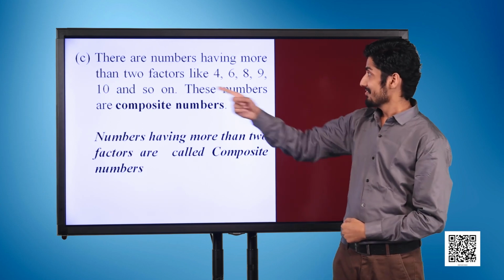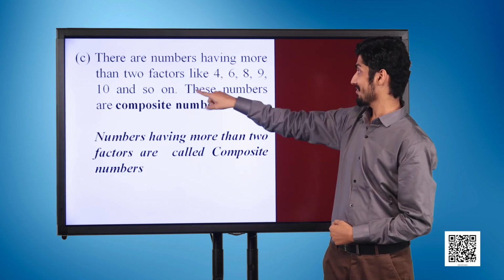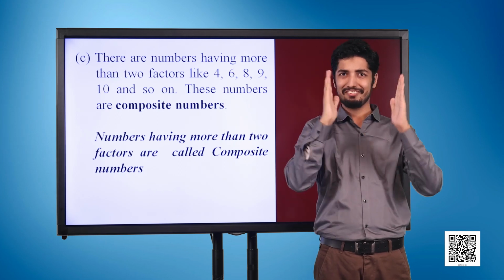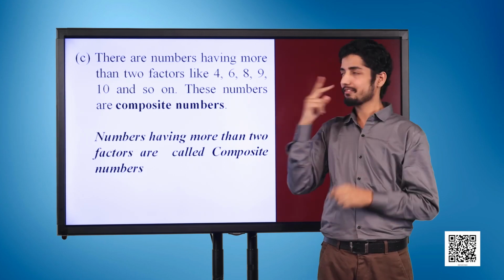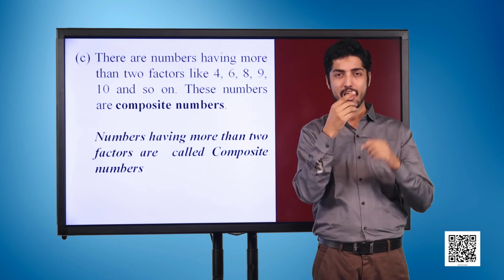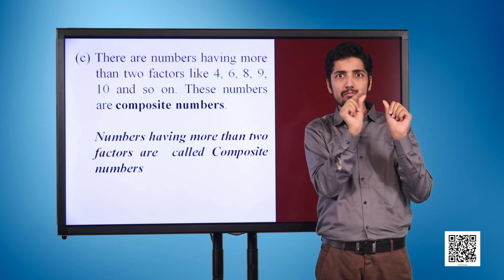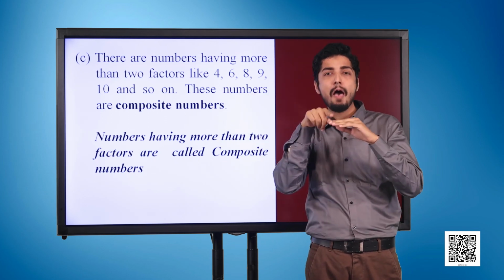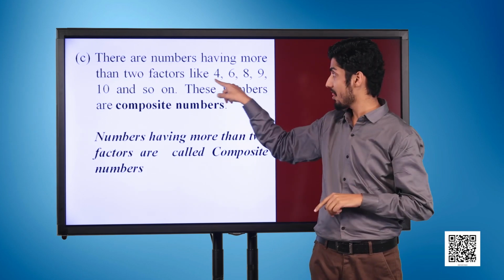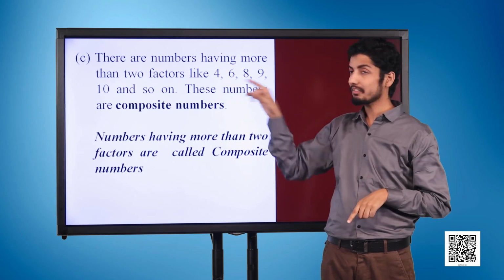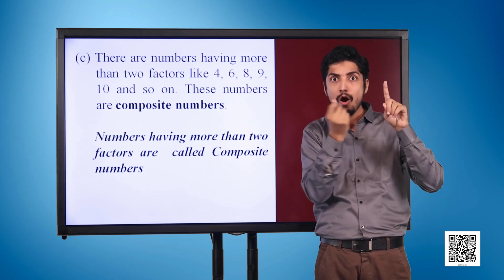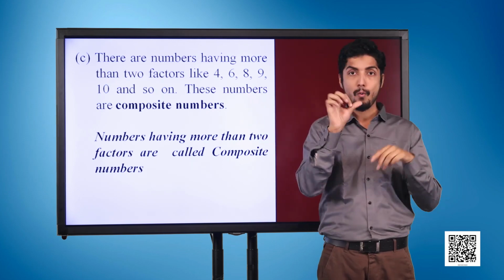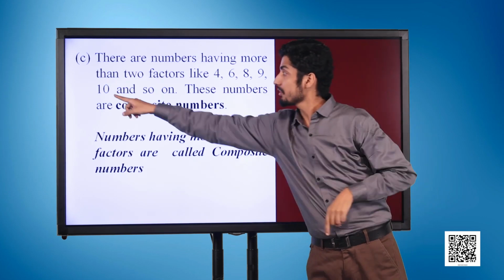C. There are numbers having more than 2 factors. Like 4, 6, 8, 9, 10, and so on.